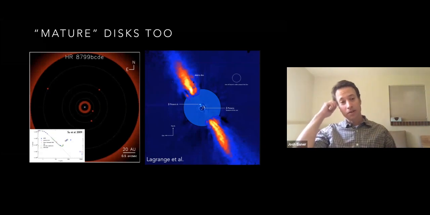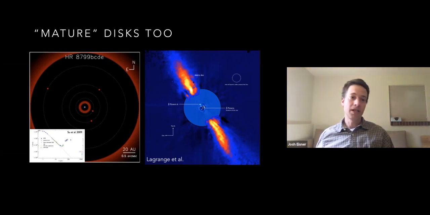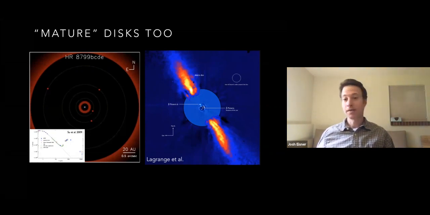And I chose these two for a reason, which is that they also have disks around them. These are relatively old stars, but they're still surrounded by debris disks. On the left, you see a picture of what the disk around HR 8799 is thought to look like. It's got this inner ring and then the outer disk, and that's inferred from work by Kate Su, and other people have done stuff like this, modeling the spectral energy distributions of the system to see where the excess emission produced by dust lies.